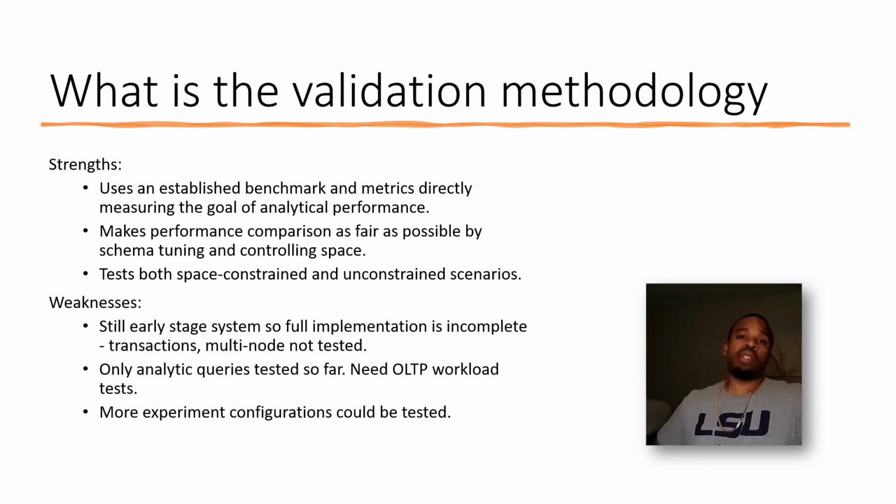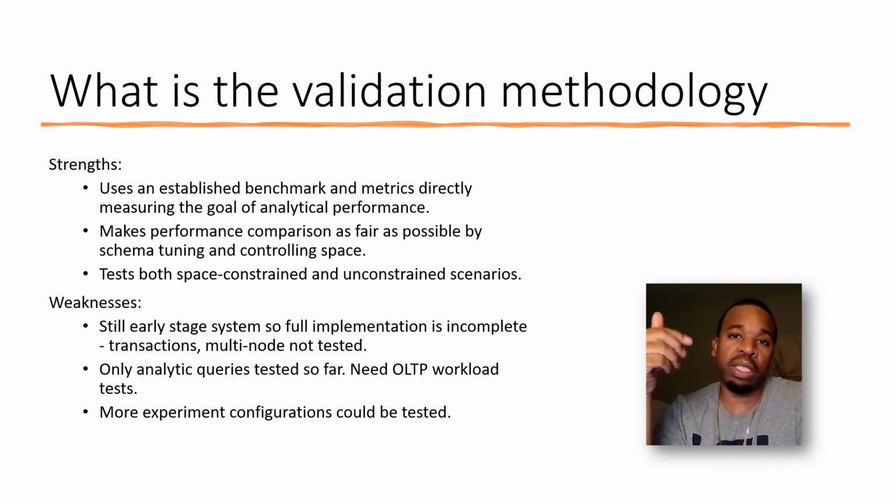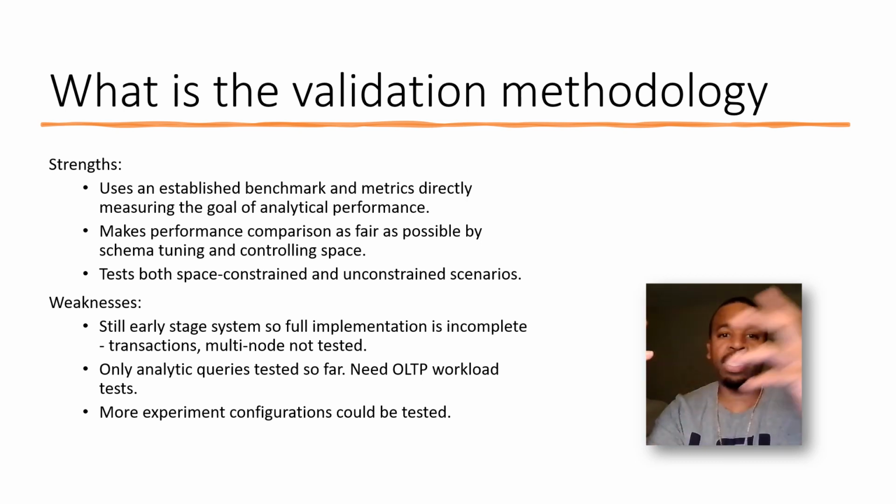So I want to go over some of the strengths and weaknesses of the validation methods used in this research paper. One of the main strengths was the usage of the TPC-H. This tests a standard workload representative of real-world decision support queries. This provides a solid benchmark to measure analytic performance. Another strength is directly comparing query latencies.